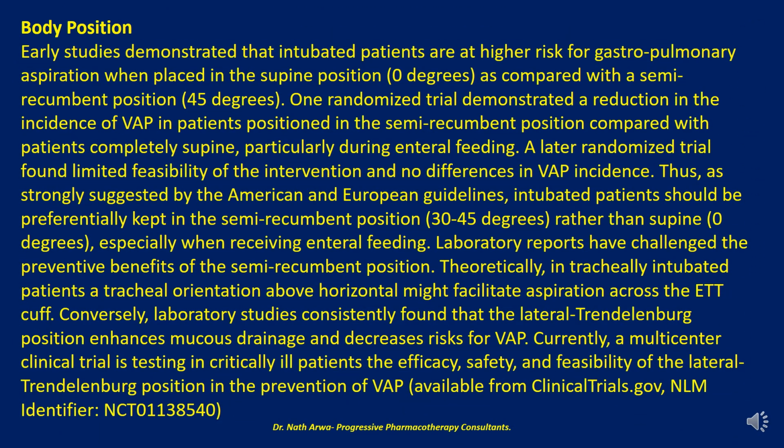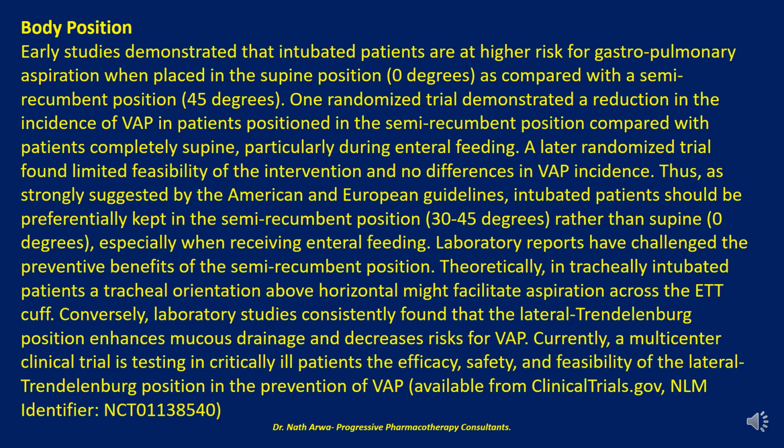And now we will look at body position. Early studies demonstrated that intubated patients are at higher risk for gastropulmonary aspiration when placed in the supine position, that is 0 degrees, as compared with a semi-recumbent position, that is 45 degrees.